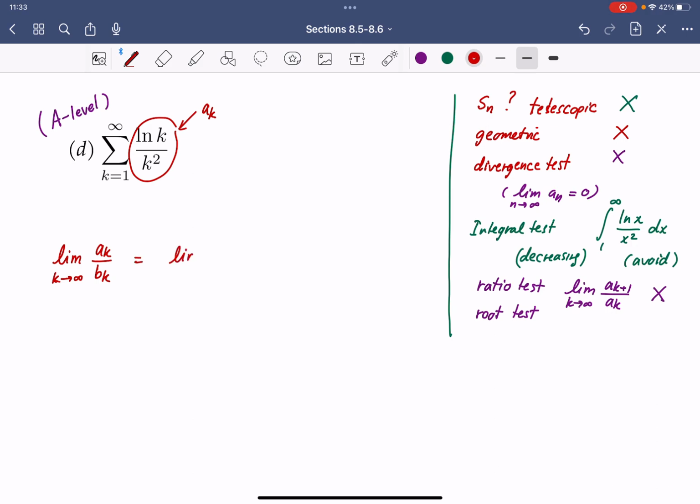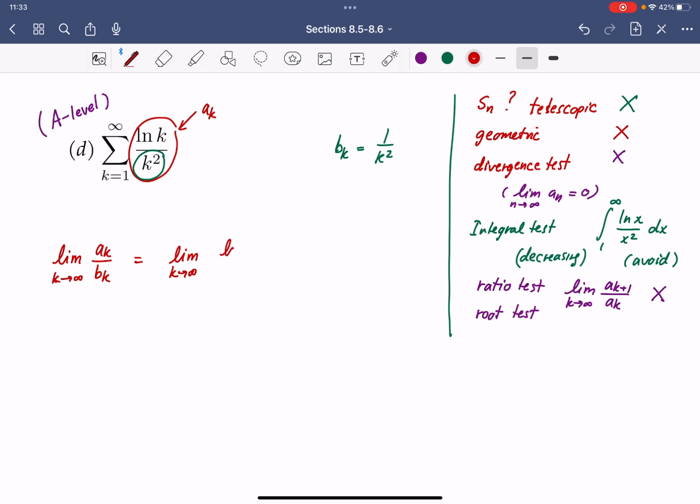There's no guarantee that this one is going to work, but we're going to start by picking b_k equal to 1 over k squared first, because I see k squared here. Maybe you're going to get some cancellation.